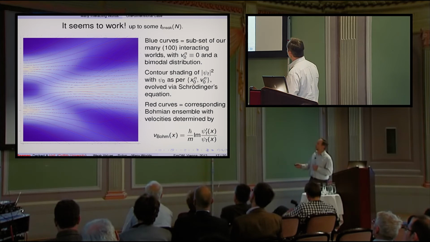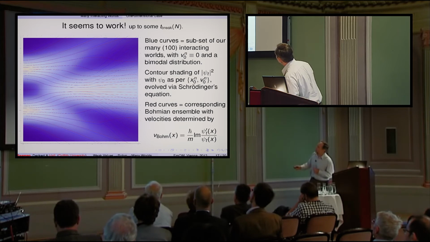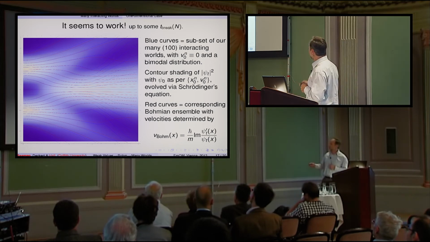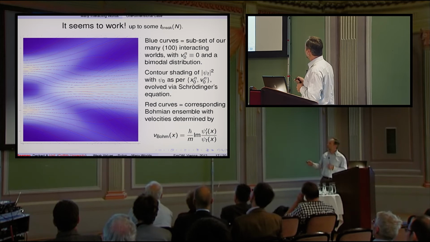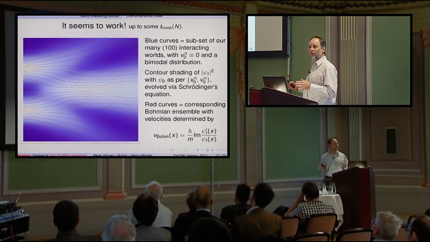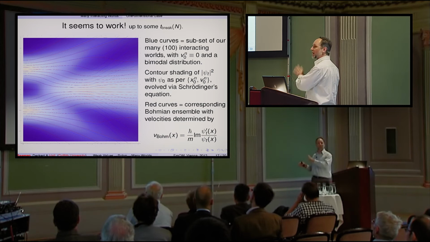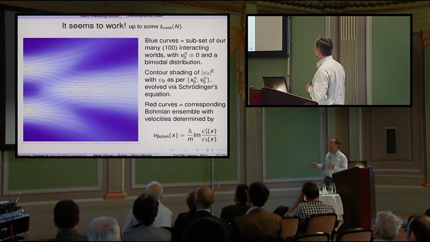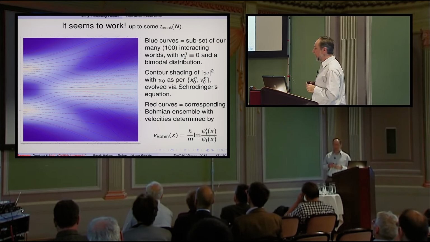So what you see is that up to some break time at least, which is around about here, solving that many interacting world equations does give you good agreement with the Bohmian equations guided by the wave function. In our theory, there is no wave function. It's just the worlds interacting with neighboring worlds. After that break time, things go haywire.